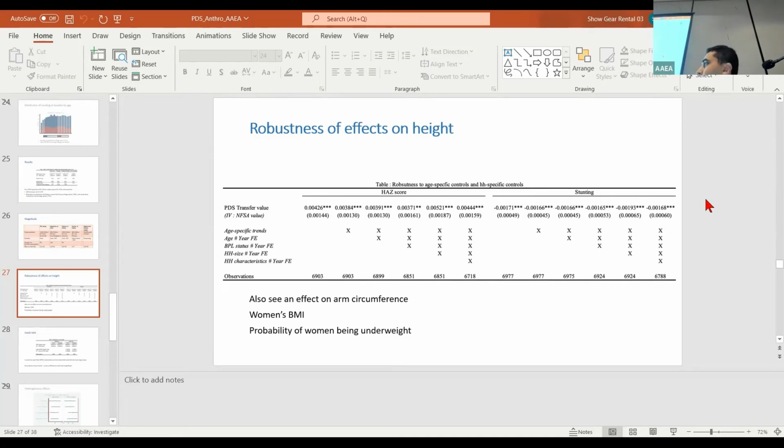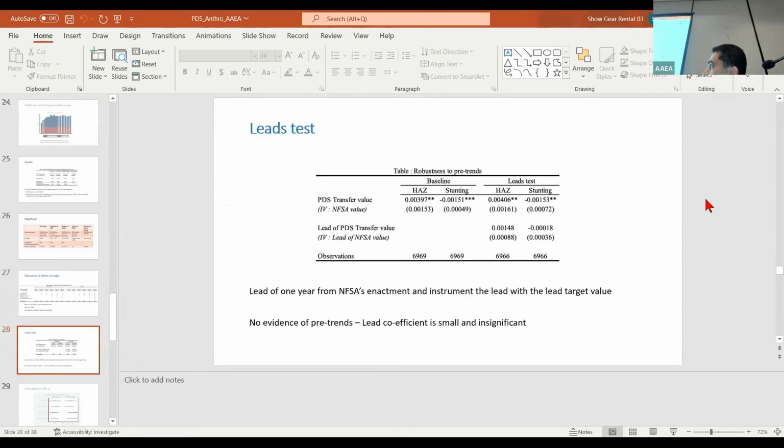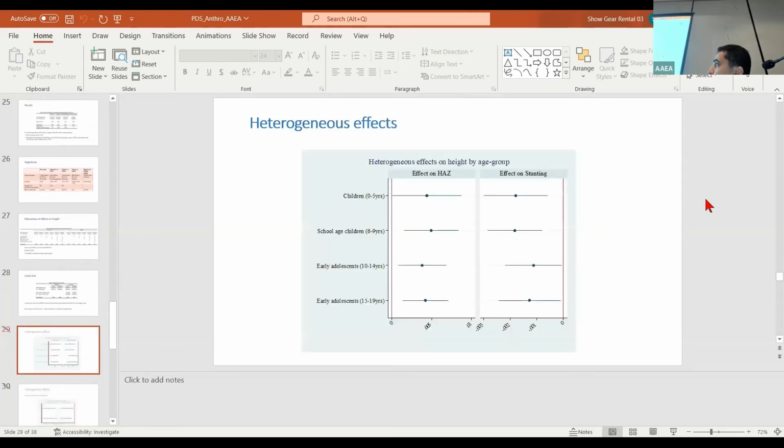We do find that it reduces the proportion of women underweight, but we don't find any effects on obesity. And lastly, we also do a leads test that is consistent with not finding any pre-trends.